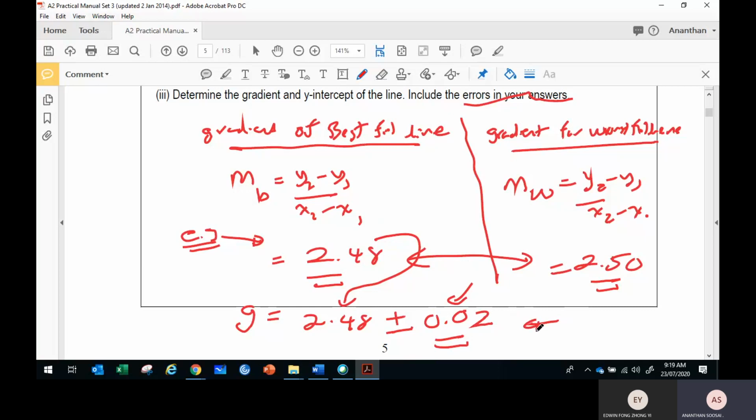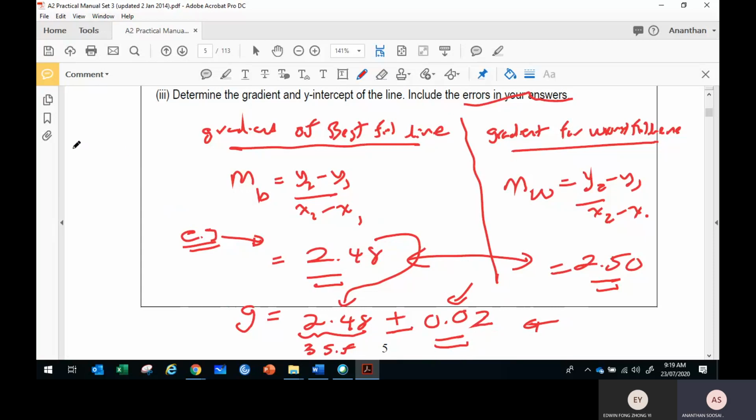And here, your answer always goes to 3 significant figures. The error follows the decimal place of the value. What I'm saying is, let's say in this case it's just nice, right? Both have the same decimal places.